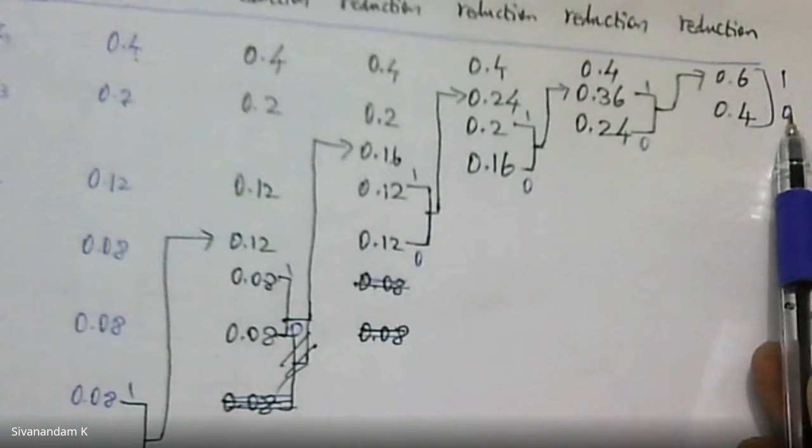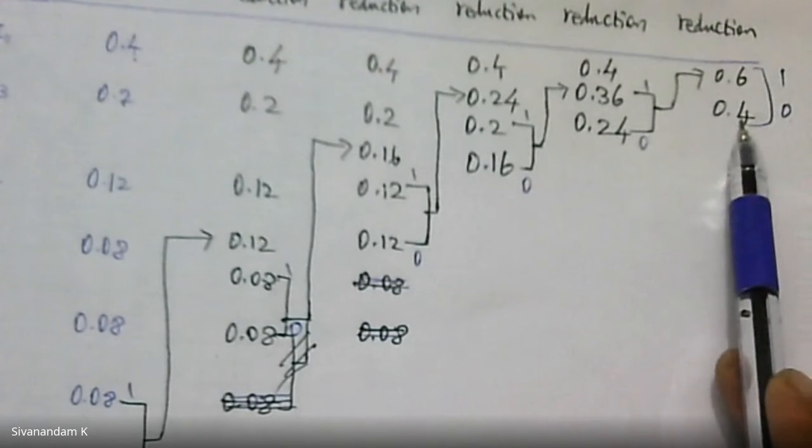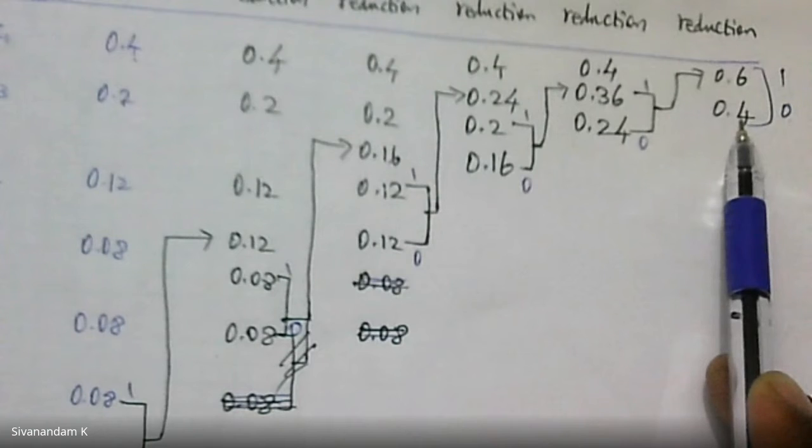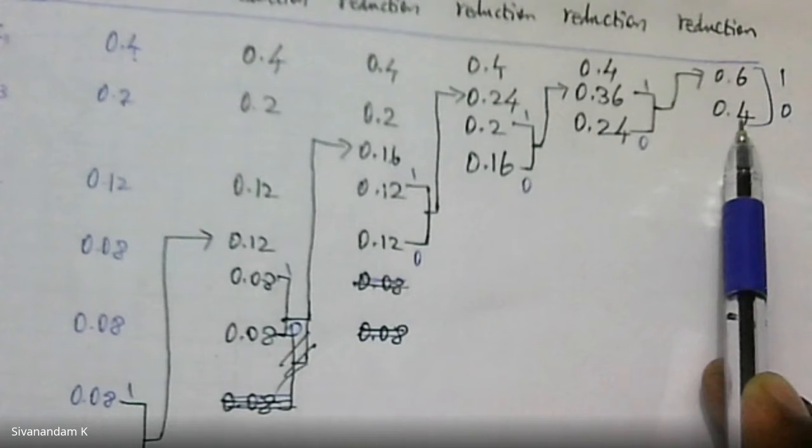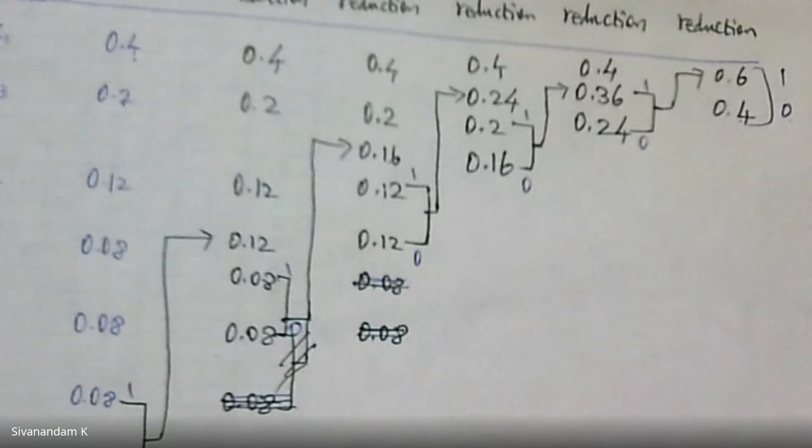So coding for message 1 is 0. The probability 0.4 appears in its initial stage value itself until we reach the final reduction. Therefore, message x1 carries coding as 0.